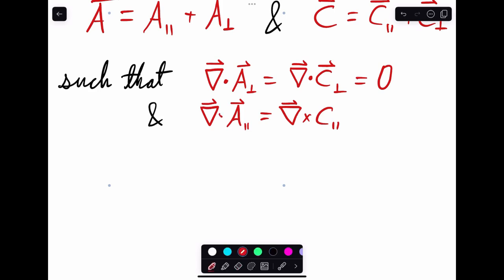Oh, I meant to put curl here, which is equal to 0.